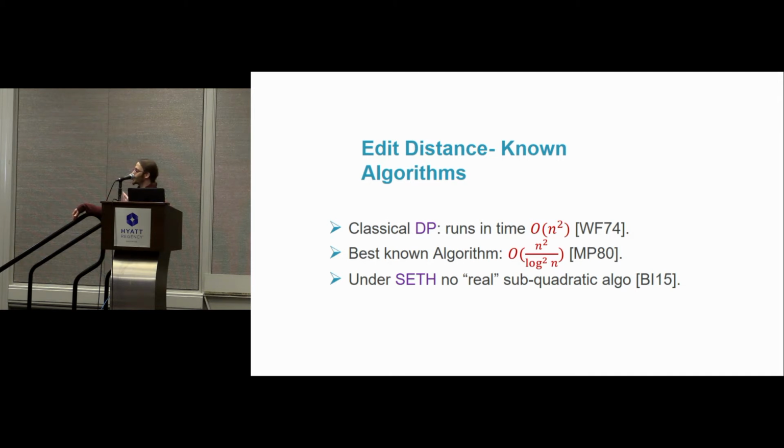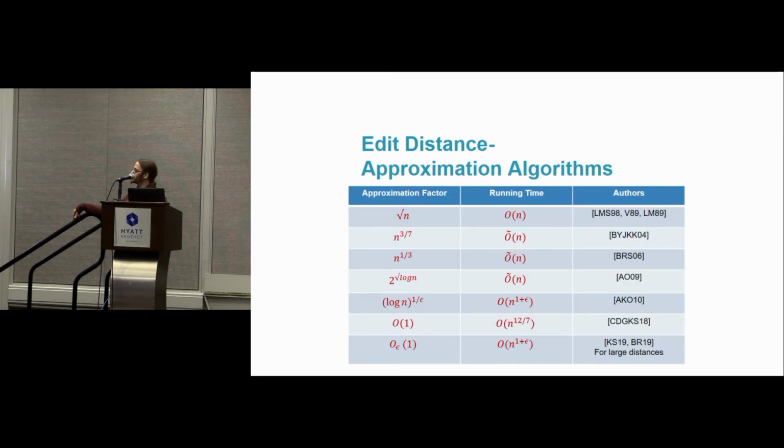If that is the situation for the exact problem, then naturally the approach of approximation arises. So what can you do by approximation? There was very long and extensive research on approximation algorithms, starting from a square root of n approximation factor in linear time.